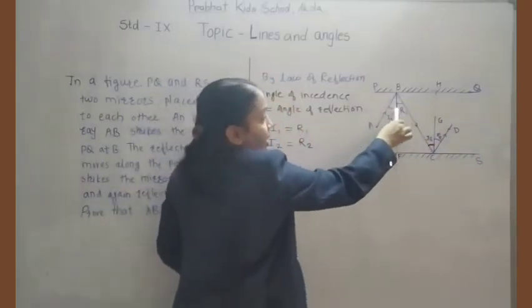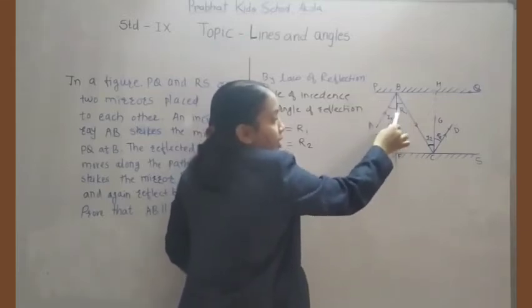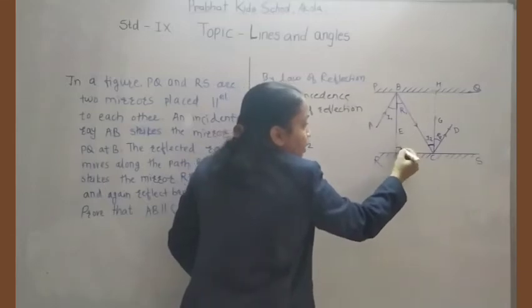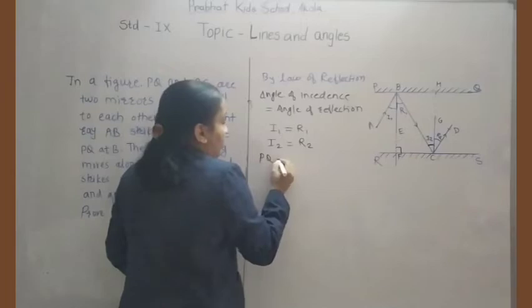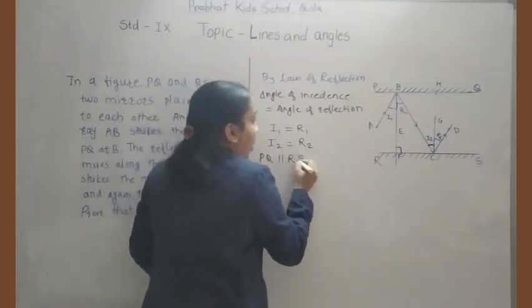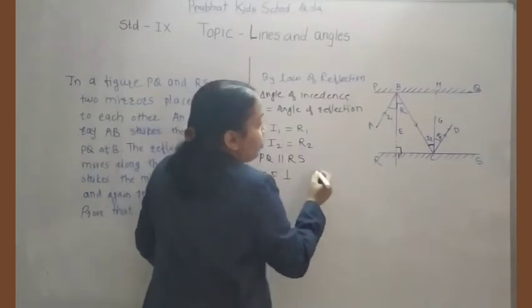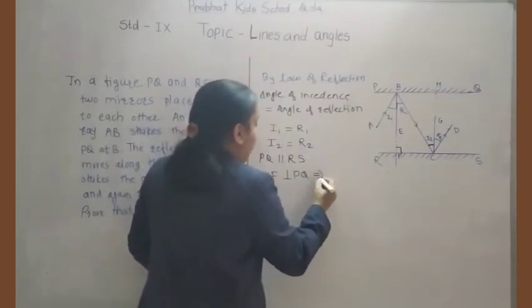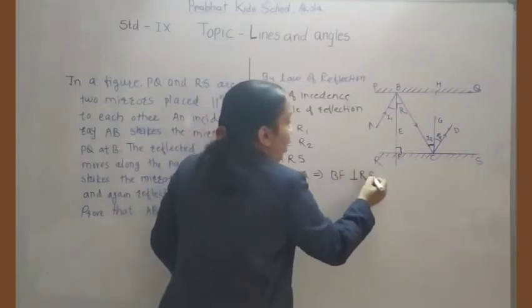Now, as BE is normal to PQ and it is extended up to F, this is also perpendicular to RS because PQ and RS are parallel. As PQ is parallel to RS and BF is perpendicular to PQ as it is normal, this implies that BF is also perpendicular to RS.